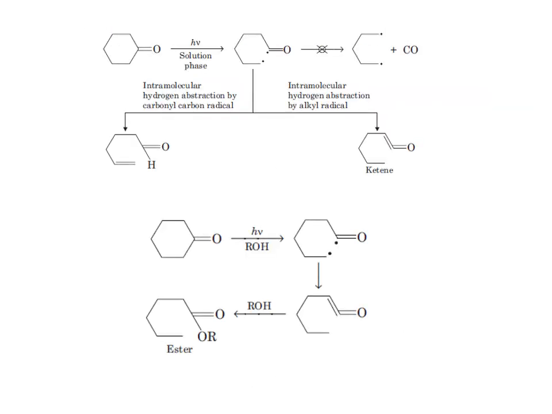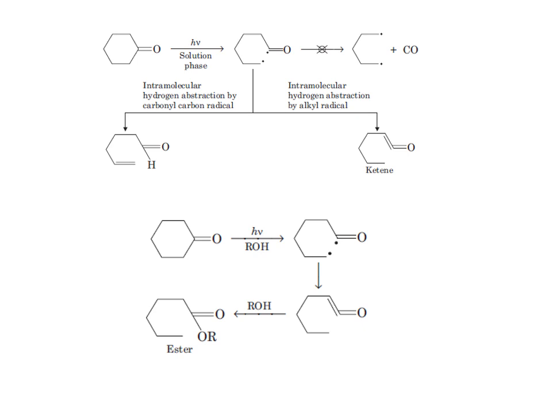In solution phase, the biradical pair is not usually stabilized by decarbonylation. So in this case, the biradical is mainly stabilized by intramolecular hydrogen atom transfer, and this intramolecular hydrogen atom transfer leads to the formation of either unsaturated aldehyde or a ketene or both.